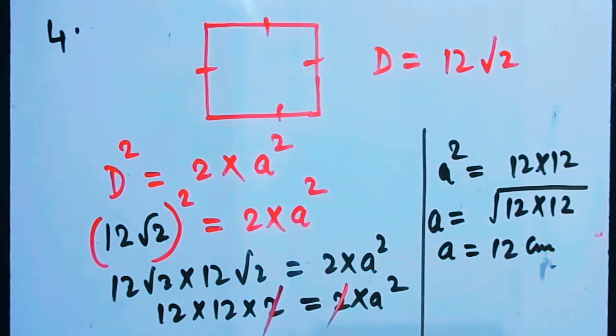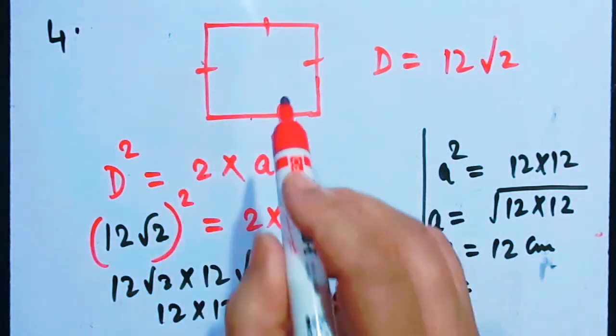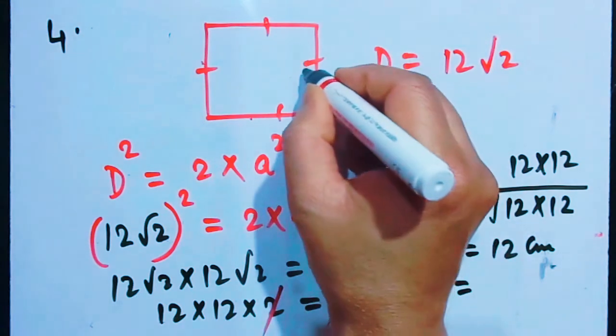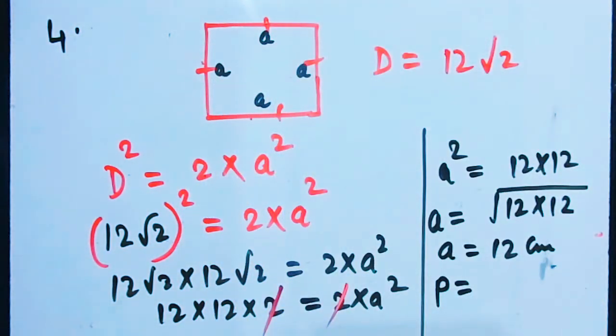What are they asking us? They are asking us the perimeter. So the perimeter of a square is a plus a plus a plus a, which will give you 4a. So perimeter is equal to 4 into a, 4 into the side.